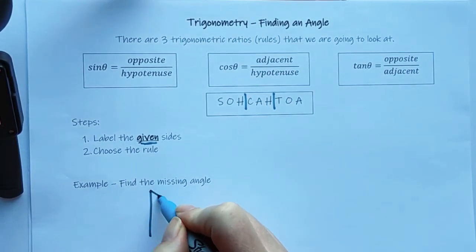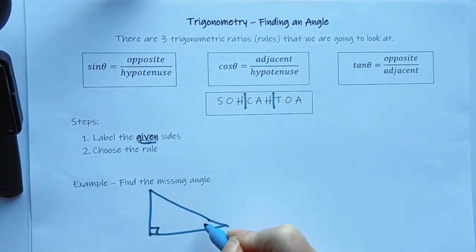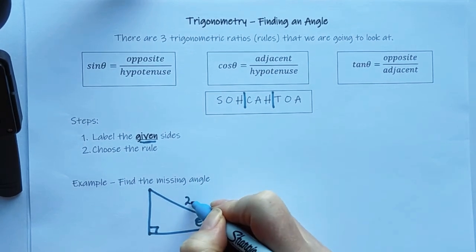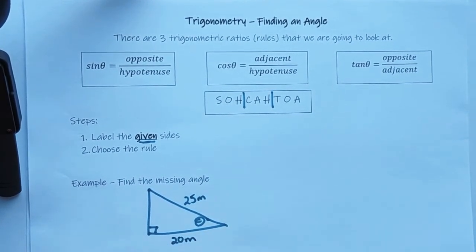So in our triangle today, we're going to have a missing angle and we're going to have two marked side lengths. Now with our marked side lengths, we need to work out if they're opposite sides, adjacent sides or hypotenuse sides.